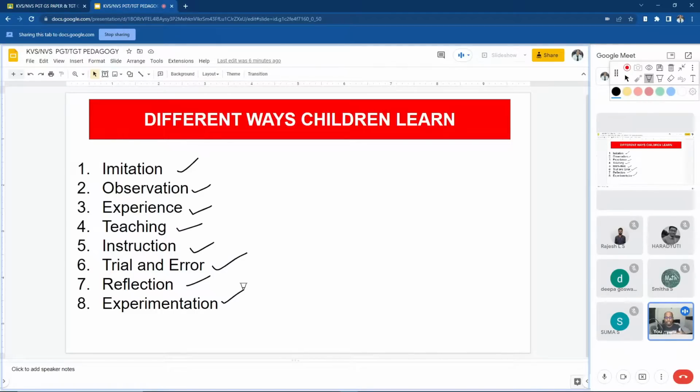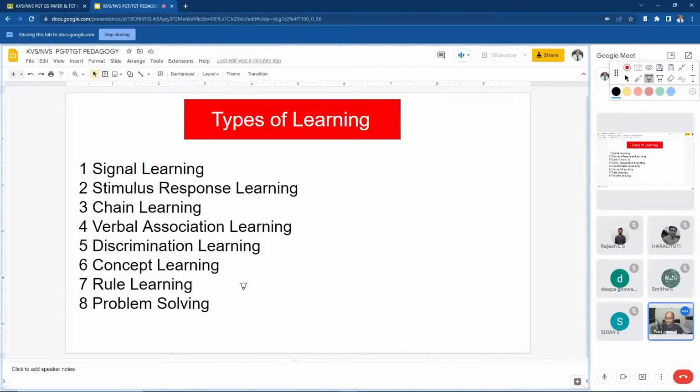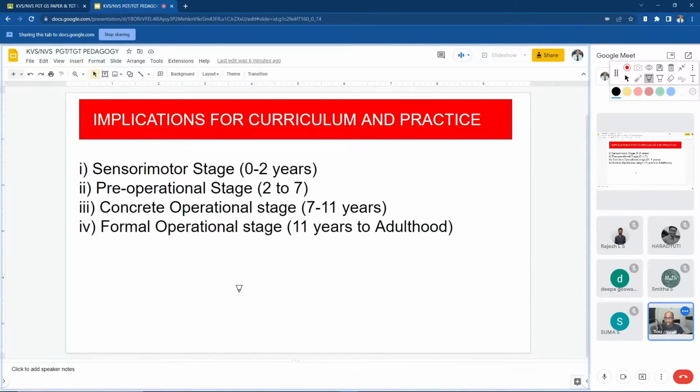So these are the different ways children learn. Then types of learning: signal learning, stimulus response learning, chain learning, verbal association learning, discrimination learning, concept learning, rule learning, problem solving learning. And then implications for curriculum and practice.